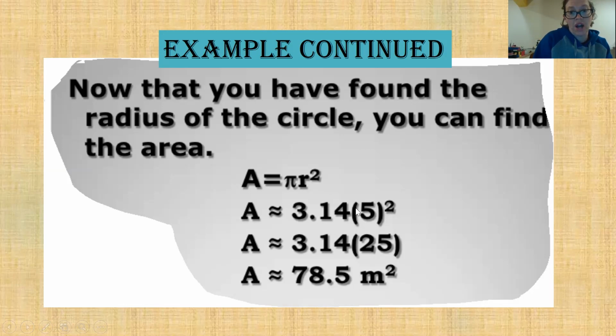The radius was 5, so 5 squared. Remember, you're going to evaluate your exponent first. So 5 squared, which is 5 times 5, gives you 25. And then multiply 3.14 times 25. And that will give you approximately 78.5 meters squared.